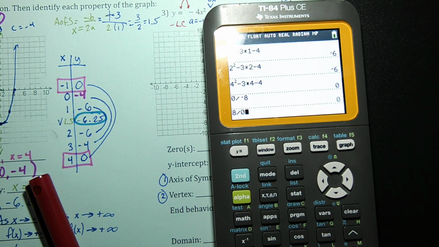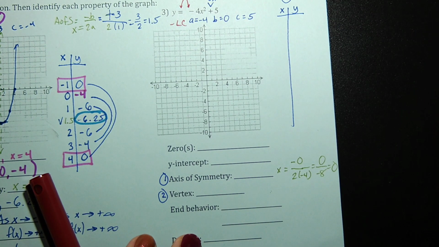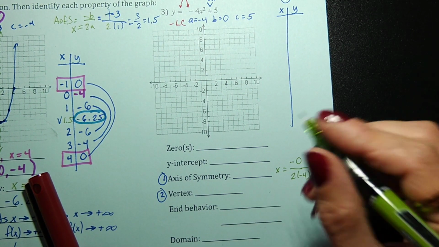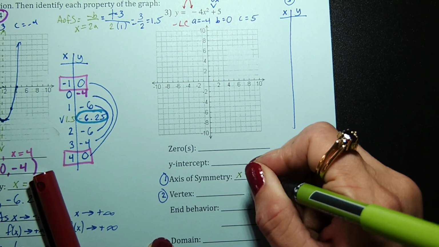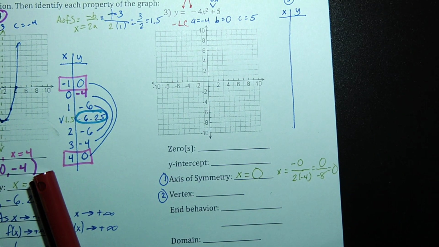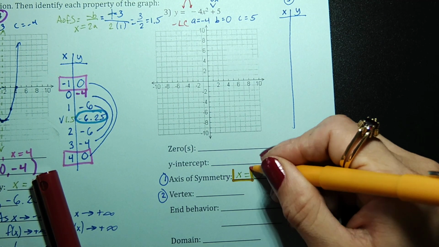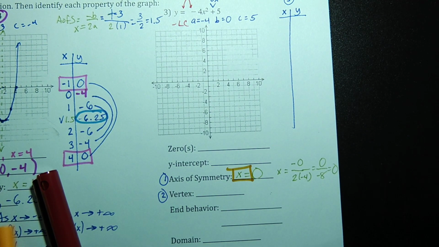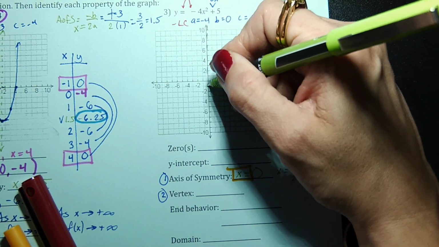It's dividing by 0 or trying to divide something into no parts that is not allowed or gives you something that's undefined. So our axis of symmetry is x equals 0. Did you remember the x equals? For the vertical line equation? Love it. So x equals 0. So I'm going to draw in my vertical line at 0.